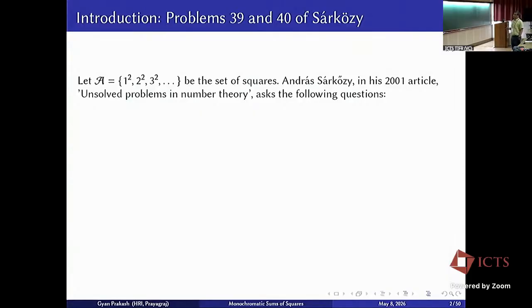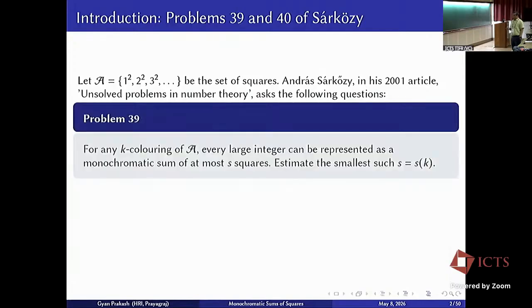Suppose you have the set of squares A. Sarkozy asked the following question: for any k-coloring of A, which is nothing but a partition of A into k many parts, that is what you call a coloring, can every large integer be represented as a monochromatic sum of at most s squares, and estimate the smallest such s, equal to s_k.